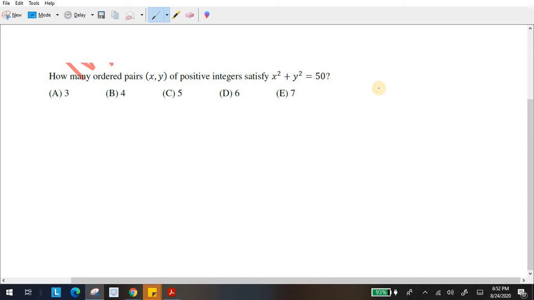Just take this guess process, 49. So 49 and 1 is one pair, so we got one pair. 4 doesn't go with anything, so we can cancel that out. 9 doesn't go with anything, does it? No.